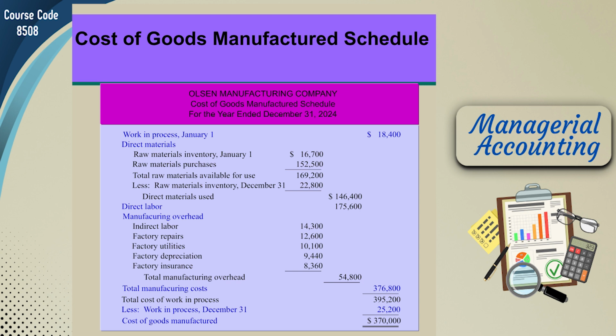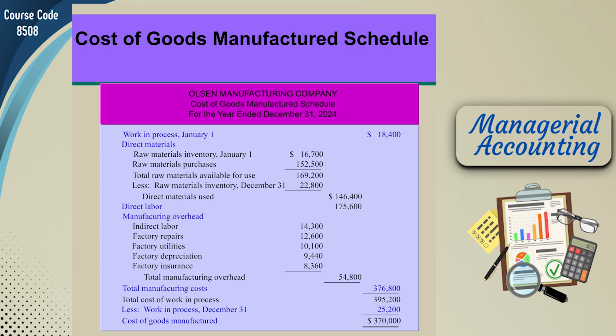So, for the direct material cost, we add direct material inventory at the beginning of the period to raw material purchased. After adding the raw material purchased to opening inventory, we will get total raw material available for use, that is 1,69,200.